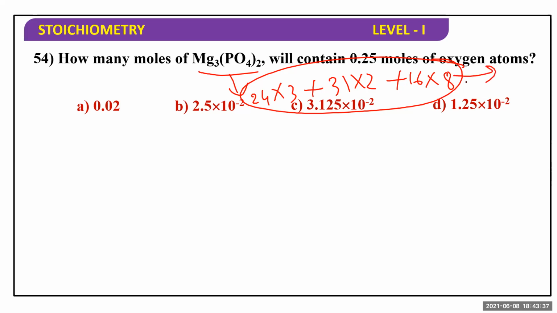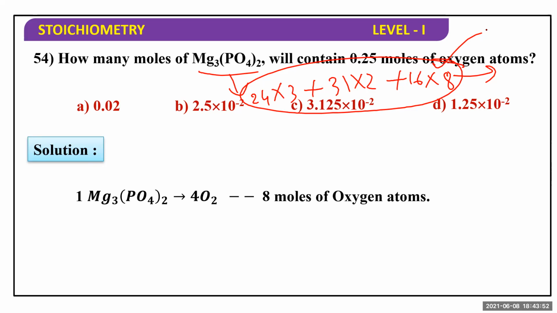1 mole contains Avogadro number, so 0.25 moles contains. We should not calculate the molecular weight, because 1 mole of magnesium phosphate contains 8 moles of oxygen atoms, that is 4 into 2.